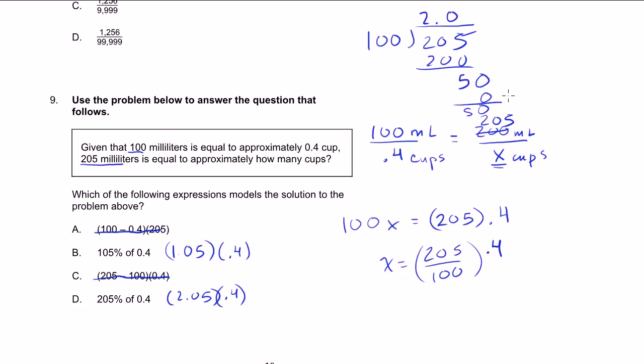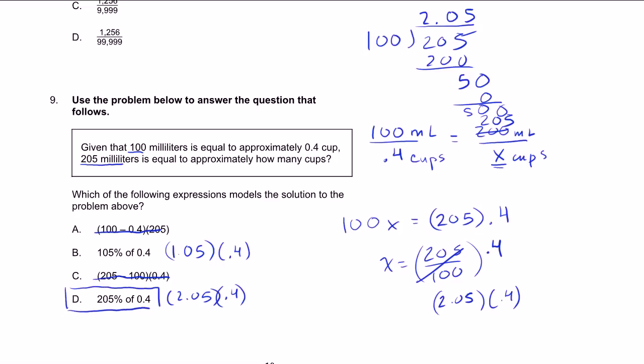Do a subtraction, bring down another 0. 100 goes into 500 5 times. 5 times 100 is 500. It all evens out to 0. So you get 2.05. So this thing is the same thing as 2.05 times 0.4, which is the same thing as 205% of 0.4. Choice D.